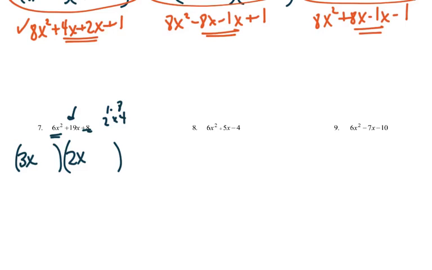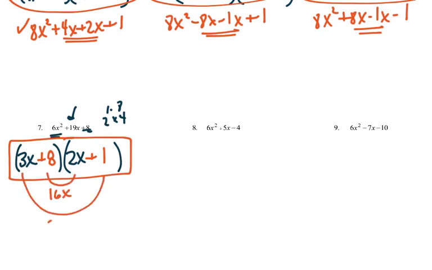I actually don't even know. Let's see. 19. They call this trial and error for a reason, so I might just try one. Oh, I see it now. Plus 8 plus 1. I got a little scared there, actually. I was like, oh, what if I don't get it? Right? The inner term is 16x, the outer term is 3x, and that adds up to 19x. That's another way to check without fully foiling it out. Just checking your loops, we call it, checking your outers and inners.